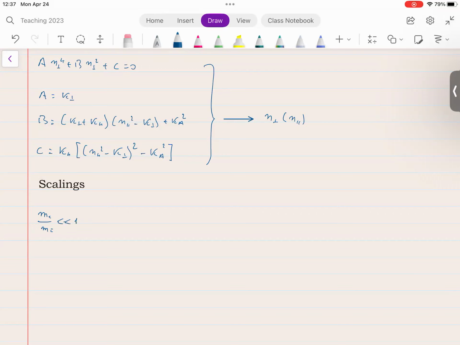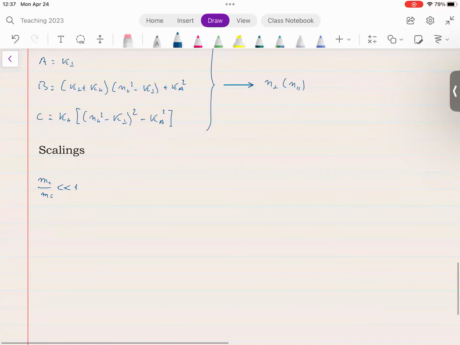But this is much less than 1. And then I'm going to use the following scalings, which I'm just going to state without proof, or we'll never get anywhere.